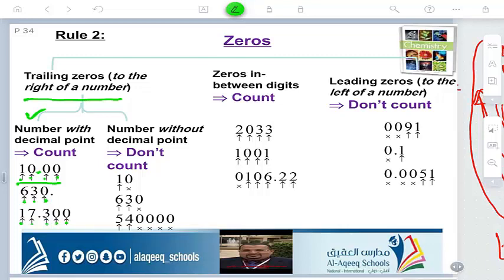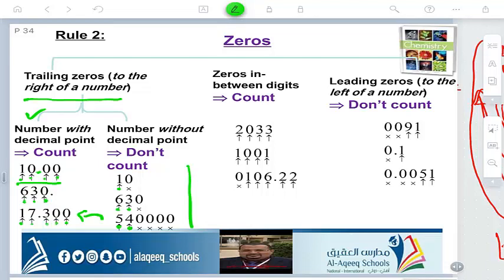What if the number has no decimal? We count only the number, not the zeros. Look, this is one significant figure only. This is two significant figures only. This is two significant figures only. Different from this case, because here there are no decimals. This is the first case of rule 2.